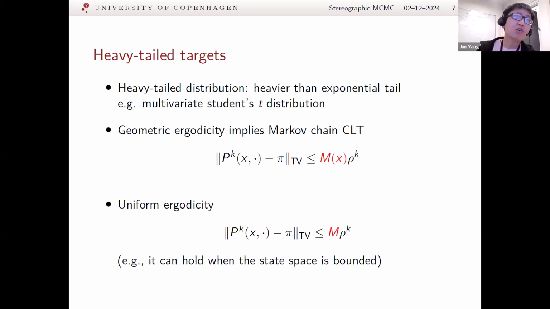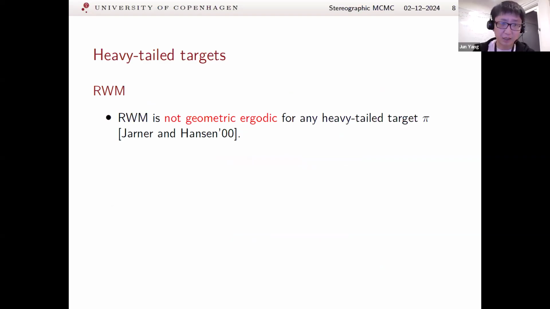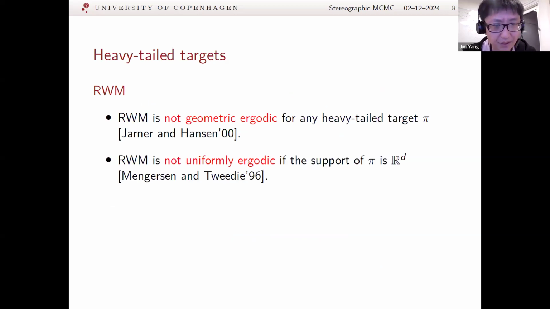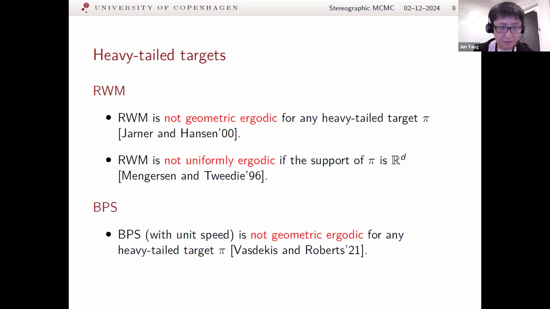Okay, so let's have a look at these two algorithms we just mentioned. For heavy tail targets, what are their properties? For the first algorithm, random walk Metropolis is never geometrically ergodic for any heavy tail target. And also random walk Metropolis is never uniformly ergodic if the support of the target distribution is Euclidean space. For the Bouncy Particle Sampler, we have a similar result.